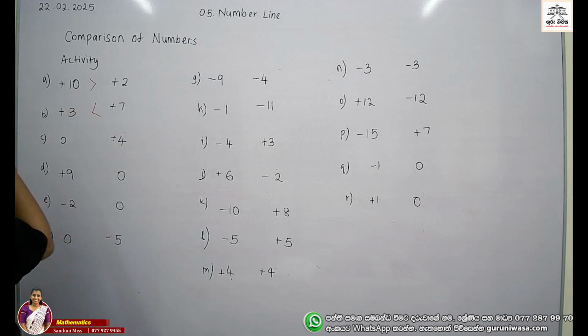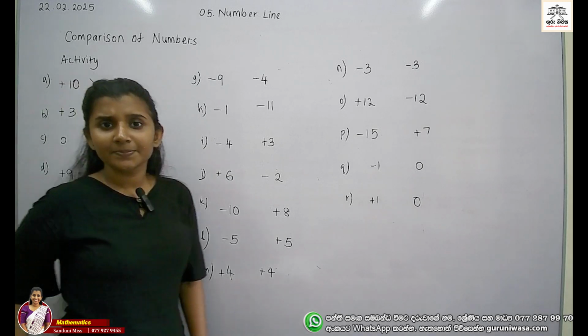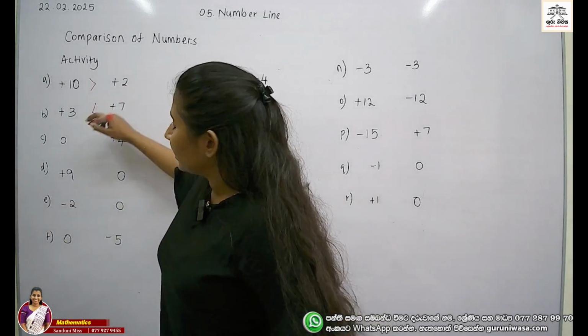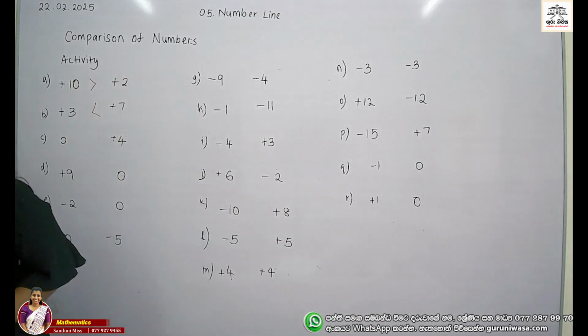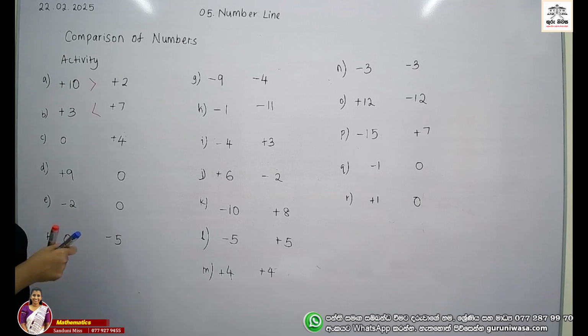This one, next. 0. So here 0 and 4, 4 is greater. 9 and 0. 9. Negative 2 and 0. 0. Very good. 0 and negative 5. 0. Very good.